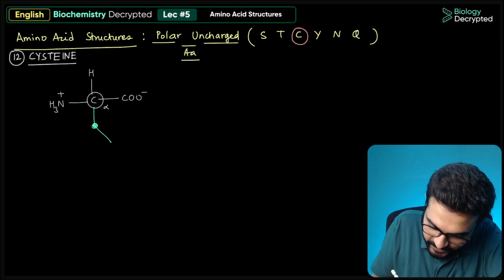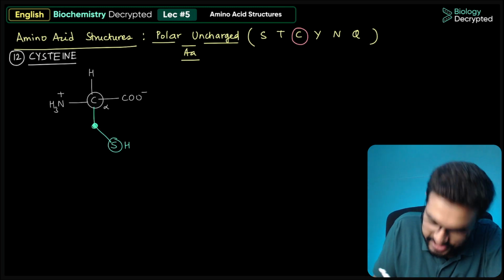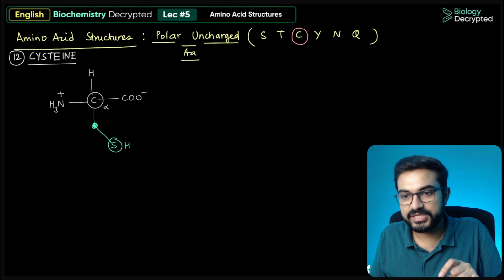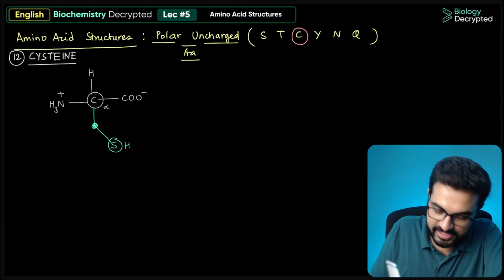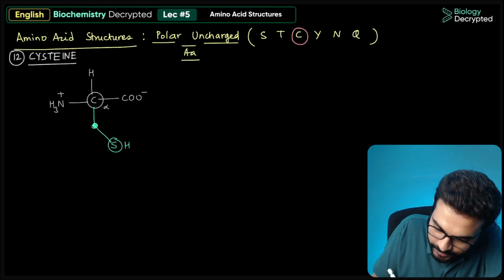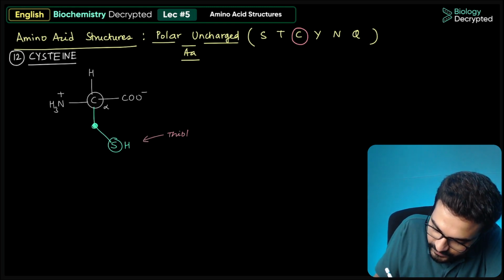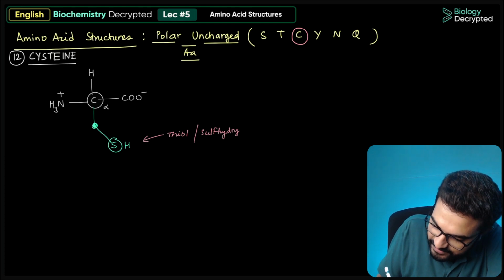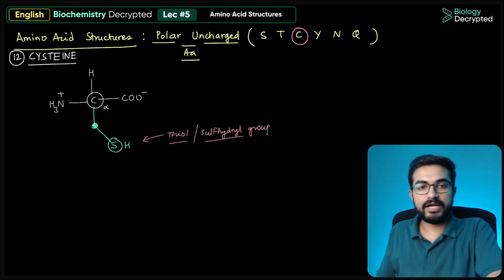To it we have S and H attached. Because of this S, it is called a thiol group, or we can call it a sulfhydryl group. So this is thiol or sulfhydryl group.